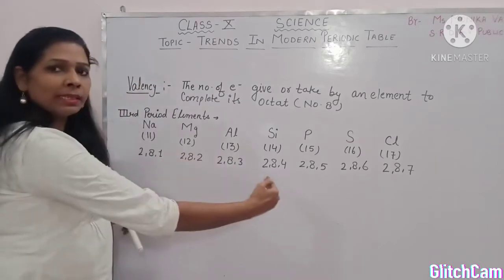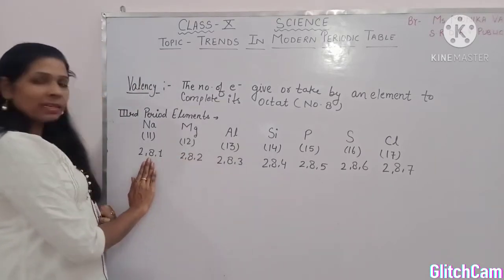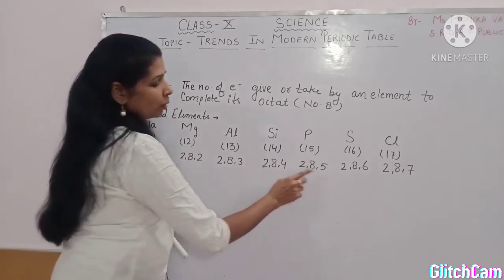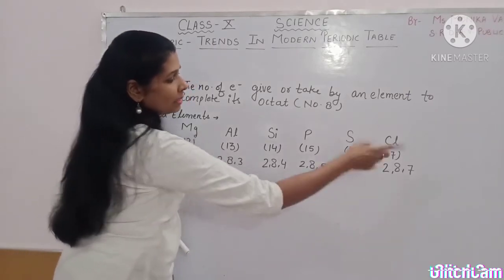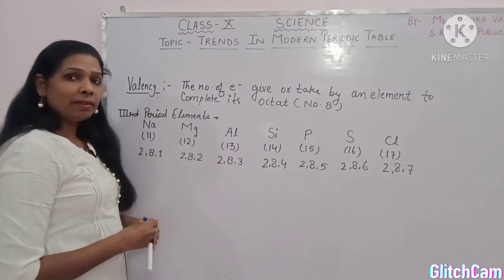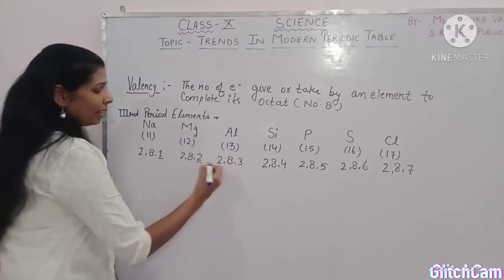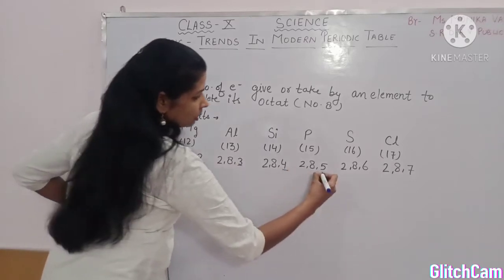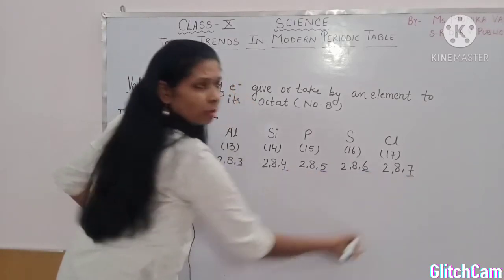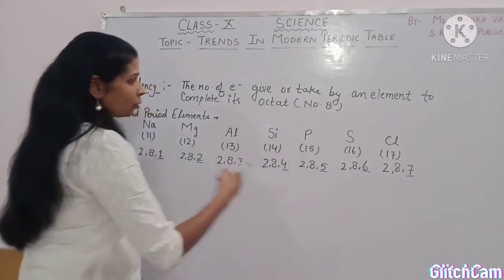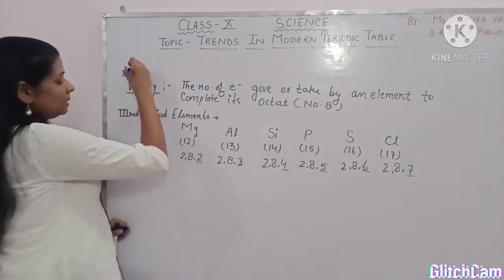And as you can see in this example, these are the electronic configurations: 2,8,1; 2,8,2; 2,8,3; 2,8,4; 2,8,5; 2,8,6; 2,8,7. In our previous lecture, I discussed that this is the number of valence electrons. The number of valence electrons will decide the valency.